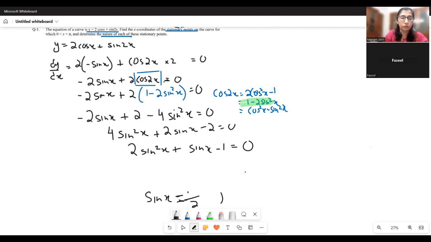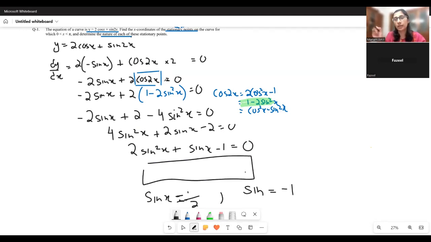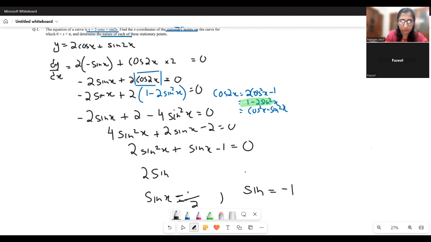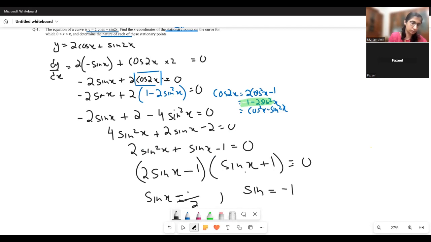But if I don't show an intermediate step, I will lose the method mark. And when you lose the method mark, you don't get any accuracy mark after that. So if you don't show this step in between, you won't get any mark after this step. So I'm going to take 2 to the other side. 2 sine x minus 1 is the first bracket, and sine x plus 1 is the second bracket, equals 0. Better to just do the actual middle term breaking.